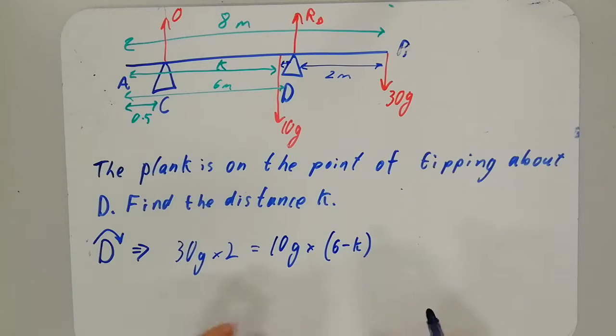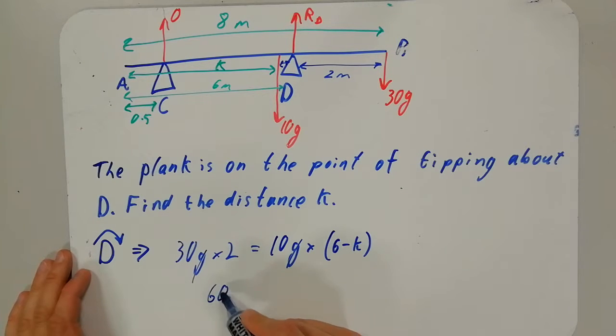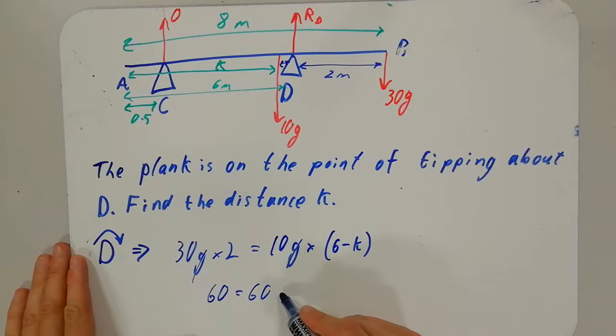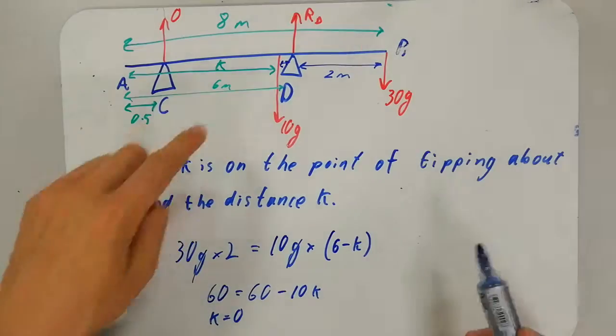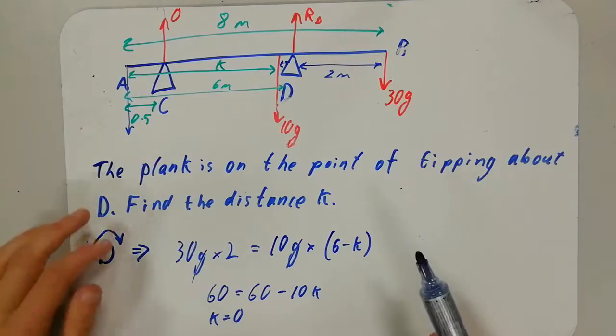Okay, looking at this, K is my only unknown. I can cancel the g's. I get 60 is equal to 60 minus 10K. That tells me that K is 0. The centre of mass of this plank would be acting at A.